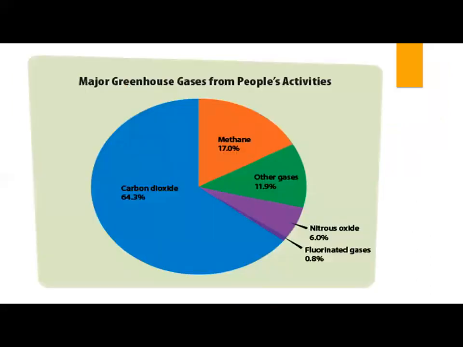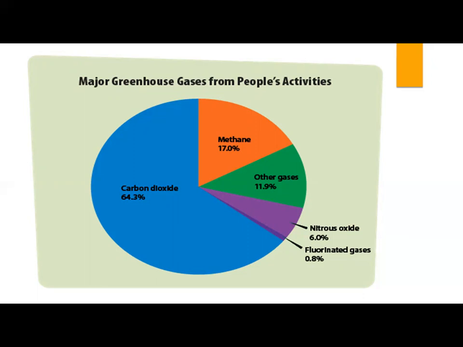Yes, children, here are some activities done by humans which are the major cause of the greenhouse effect. Yes, the major greenhouse gases from people's activities are carbon dioxide. We are producing 64.3% carbon dioxide in our environment. Methane, this orange color shows methane gas, which is 17.0%.